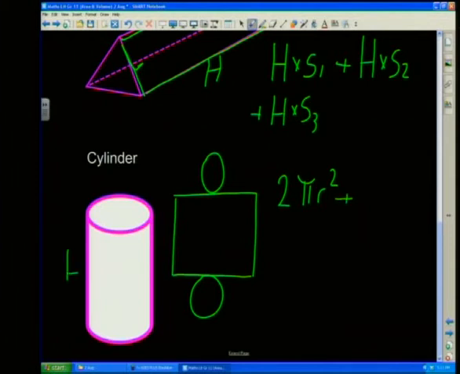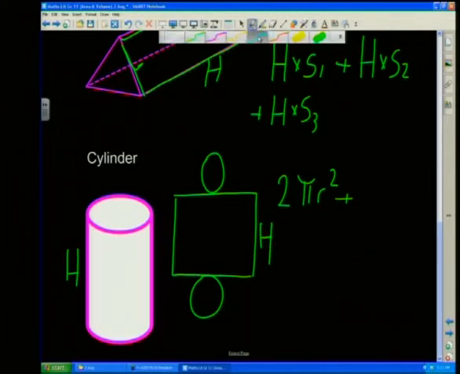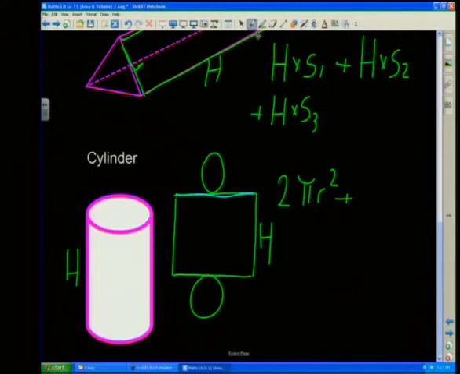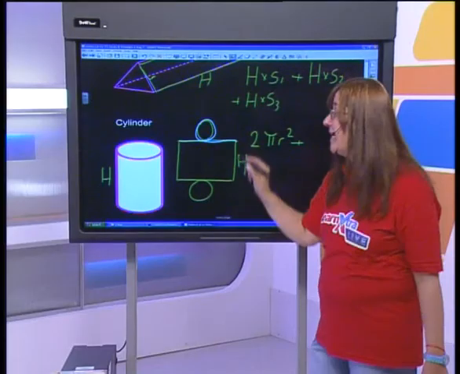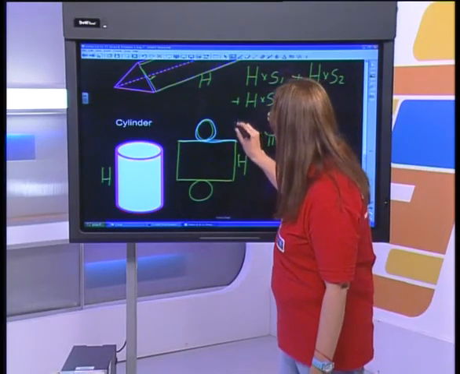So if I call that my height of my cylinder, that's where that height is. This value here, let's draw it in a different color, is the same value that's going to go around my circle. So it is in fact the circumference of the circle.